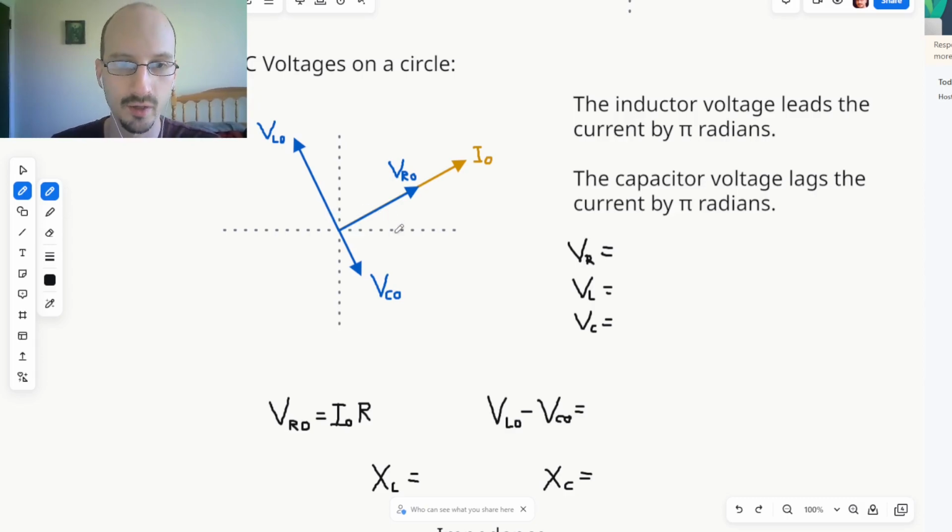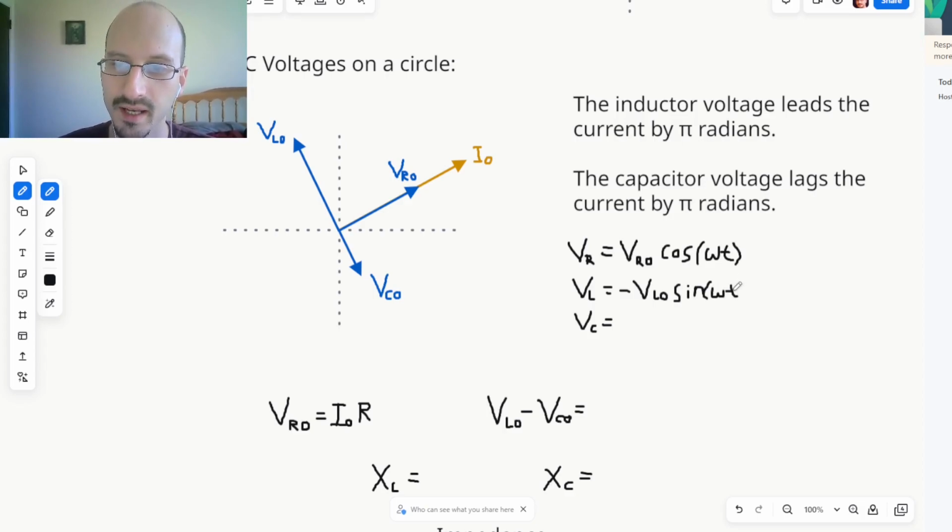If we want to write equations for the horizontal components of each of these vectors, for the resistor, it equals maximum voltage times cosine omega t. For the inductor, it equals maximum voltage times negative the sine of omega t.